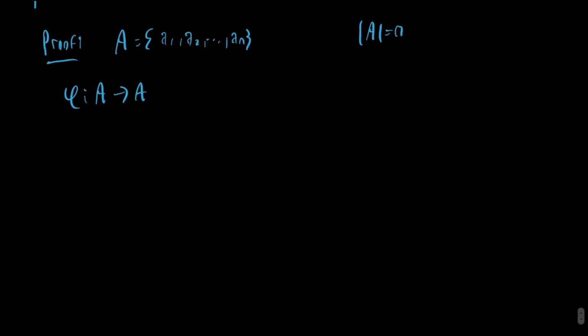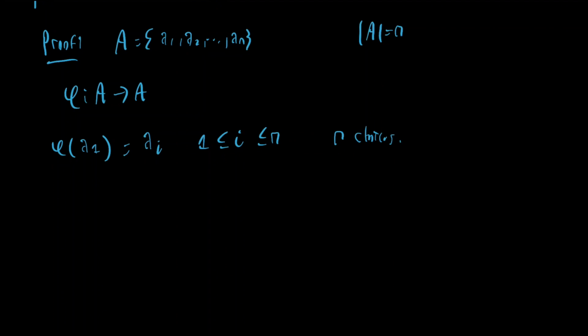So let's start by picking one element of A, and that is by considering phi of A1. Then, how many choices do we have? How many elements of A can we set phi of A1 equal to? Well, Ai, where i is between n and 1, not strictly. Okay, so we have n choices.